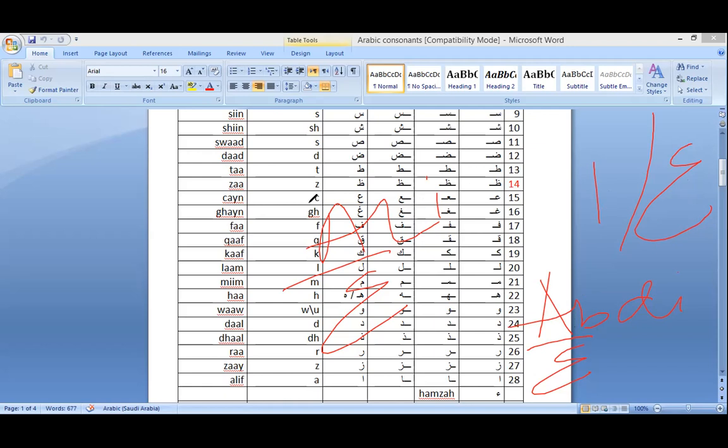Good. Yes, Ruwaida. A and A. How do you read this name? Abdi. And this one? Ali. Yes, Musa. Abdi and Ali. That's right. Yes, Imad.